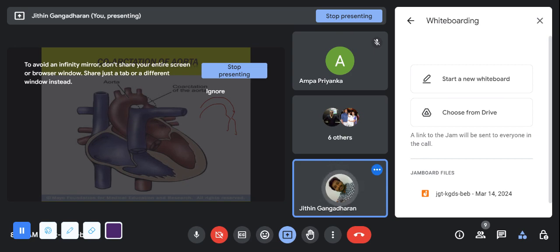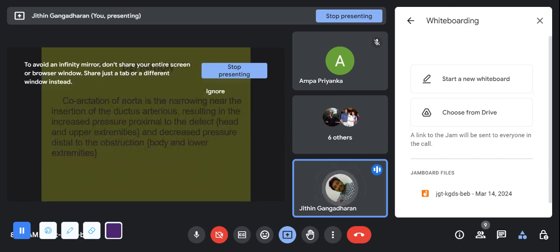The pressure increases here, reverse pressure builds, so that your left ventricle will be hypertrophied. That is the main complication, and there will be decreased circulation to the body, which affects the entire body parts.